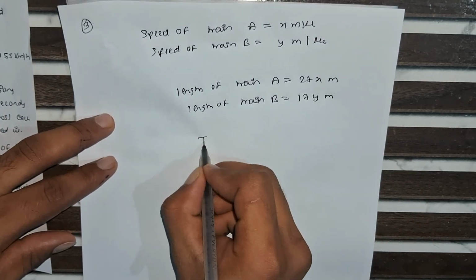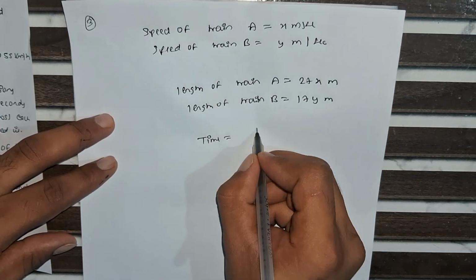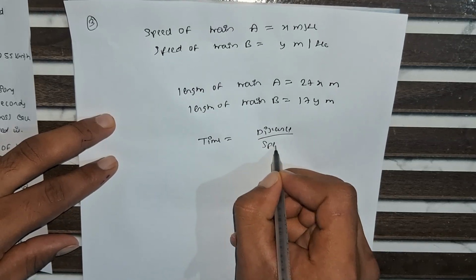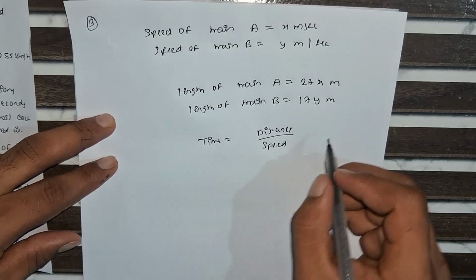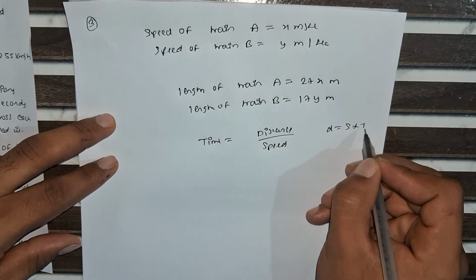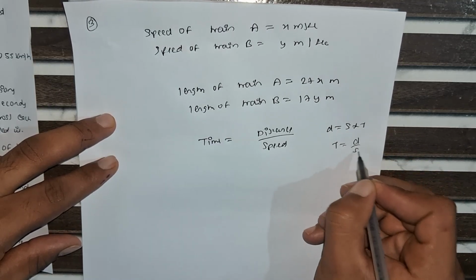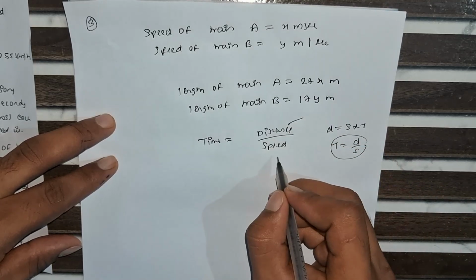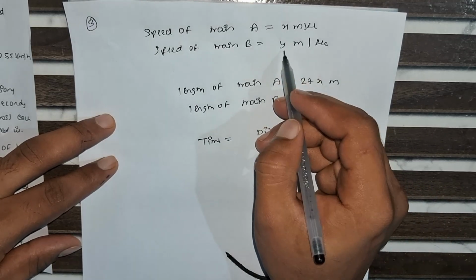So time is equal to distance by speed. We know that distance equals speed into time. So when you calculate the time, it is distance by speed, and distance is nothing but the length of the train and speed is what we are considering here, x and y.